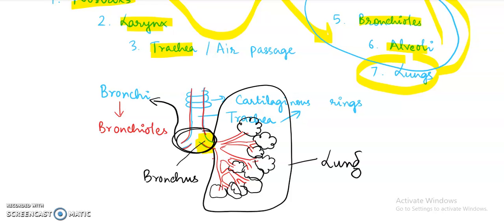So bronchi will be segmented to form bronchioles, and bronchioles will be ending in balloon-like structures that will be known as alveoli. In upcoming videos, we will talk about how exchange of air happens and why alveoli are balloon-like. So everything will be explained slowly and gradually to you.